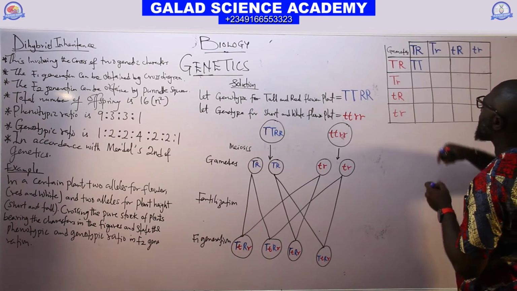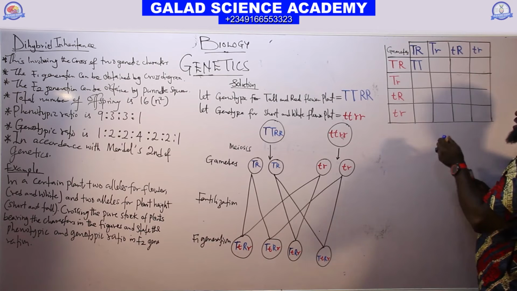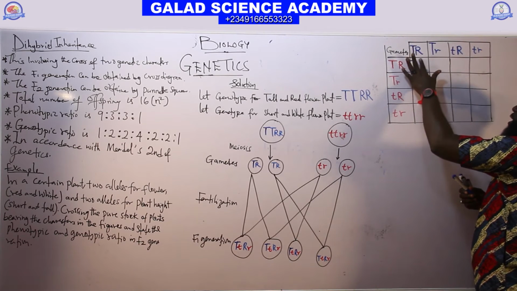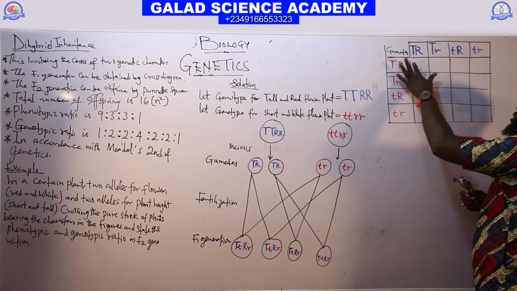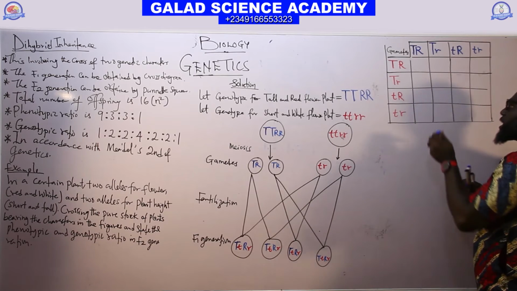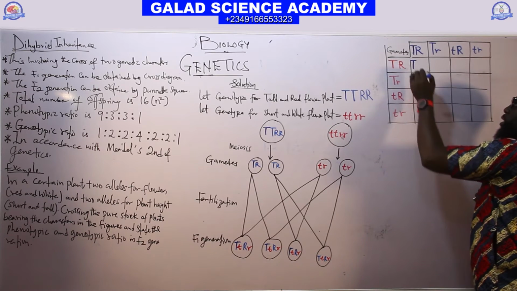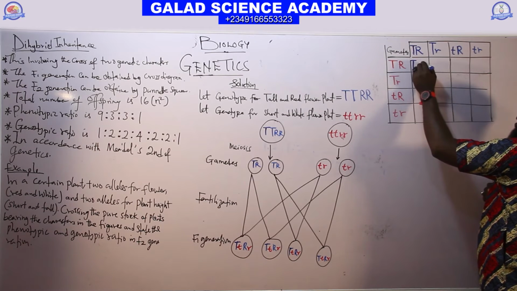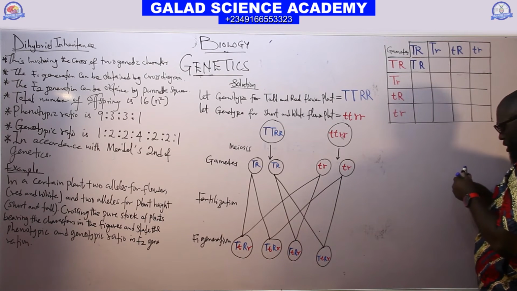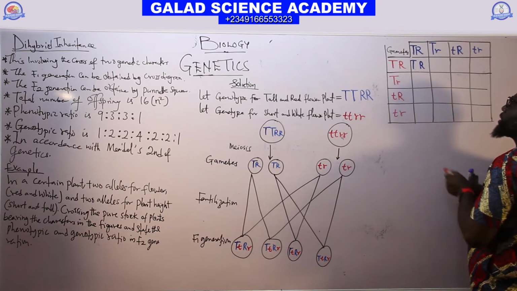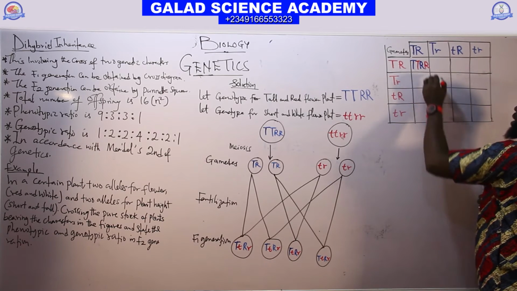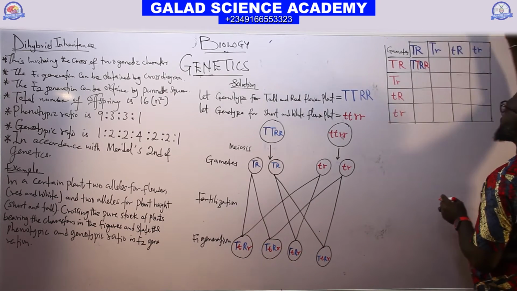This R times R. Let me use this to be clear, for convenience sake. This T is this, and this R is this. So when this T comes in, we will have T and the second R. Multiply it like this.